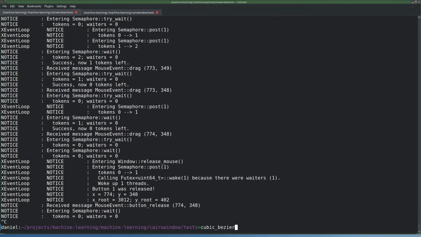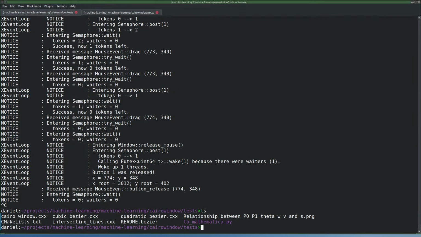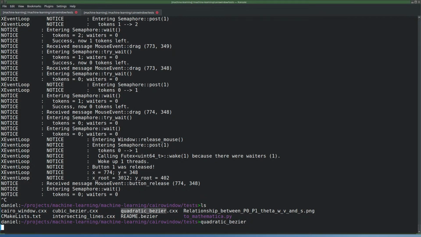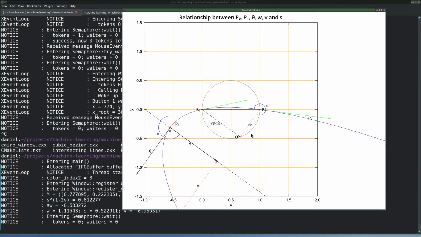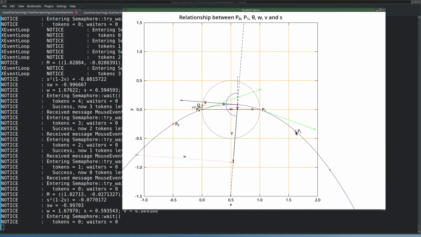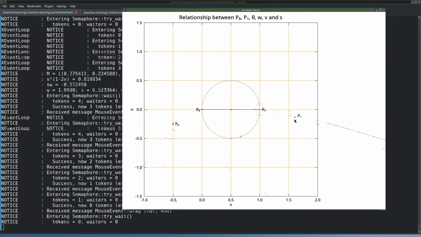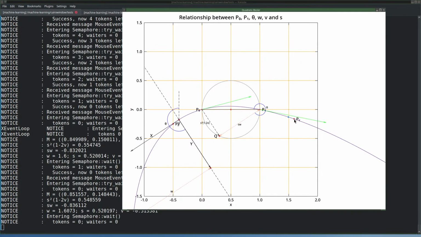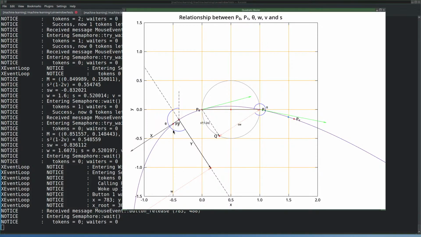So the quadratic Bezier. I want to draw a quadratic Bezier, which goes through 3 points, not 4, like in this case. So I want to drop P beta actually.